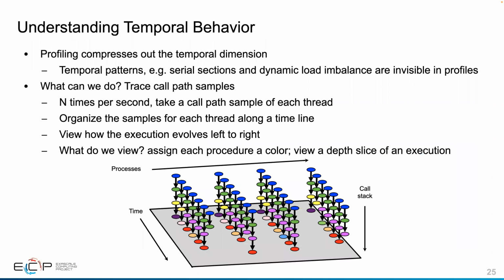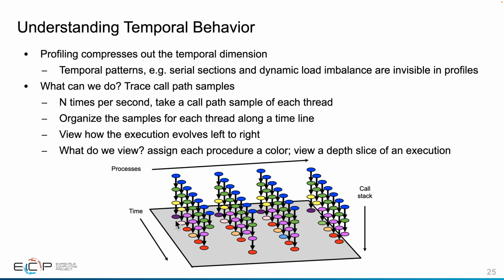One thing that profiles do is collapse out the temporal behavior. So load imbalance and serial sections are kind of invisible in profiles. So what we do is we trace call path samples on the CPU, and we trace invocations of GPU kernels. On the CPU, n times per second, we take a call path sample of every thread.